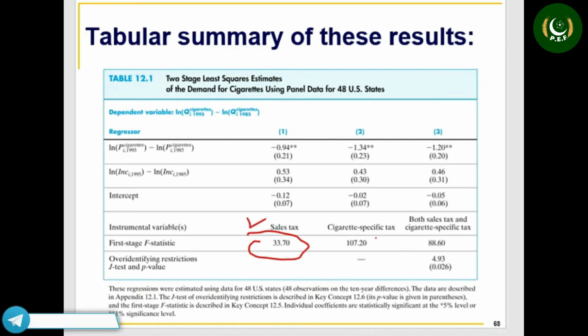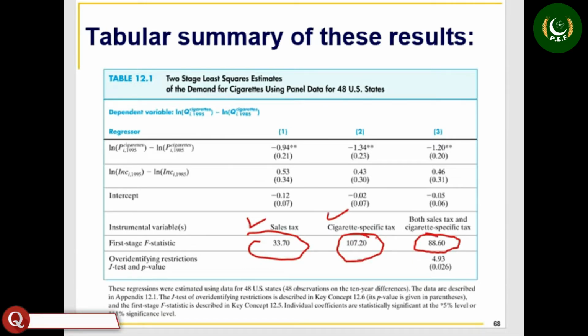When cigarette specific tax is used, again it's significant. And when both are used, again the F statistic is greater than 10. So in all these three cases, you have very strong instruments. The weak instrument issue is resolved.